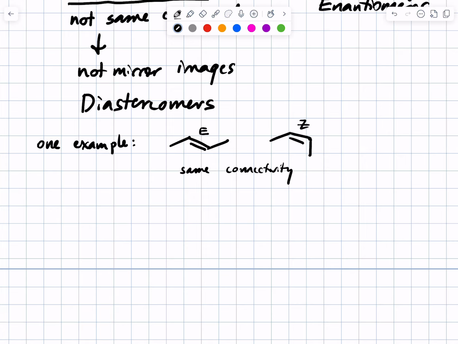They're not mirror images of each other. A mirror doesn't change cis to trans or trans to cis. So, because they are not mirror images, we're going to call them diastereomers. In OChem, cis and trans issues are always issues of diastereomers.